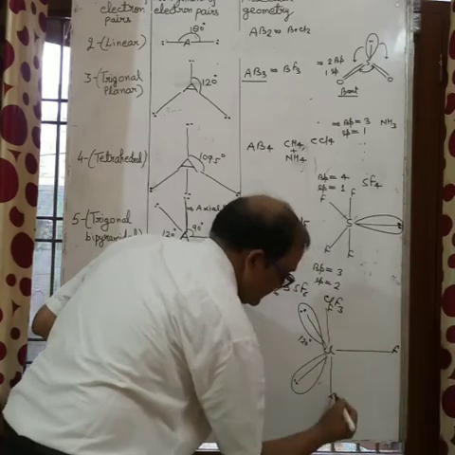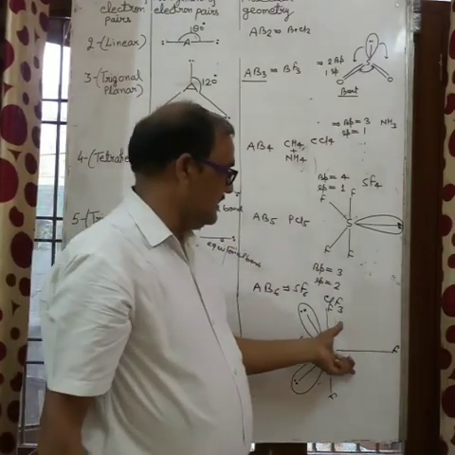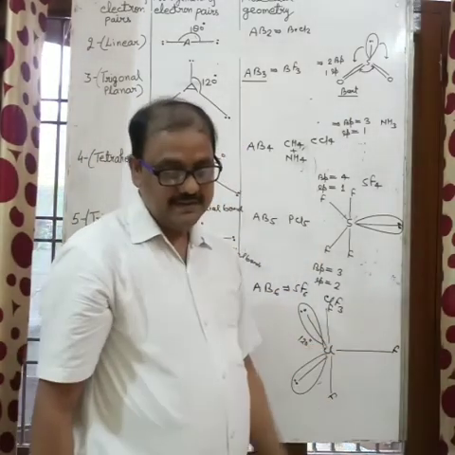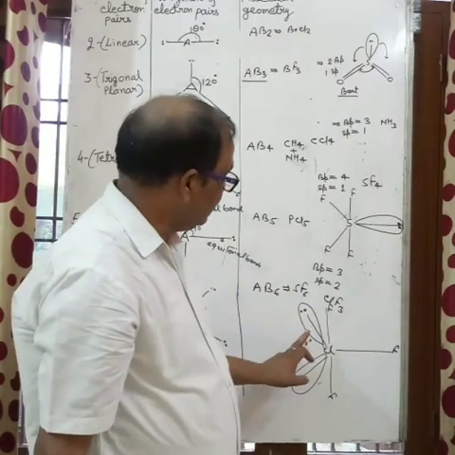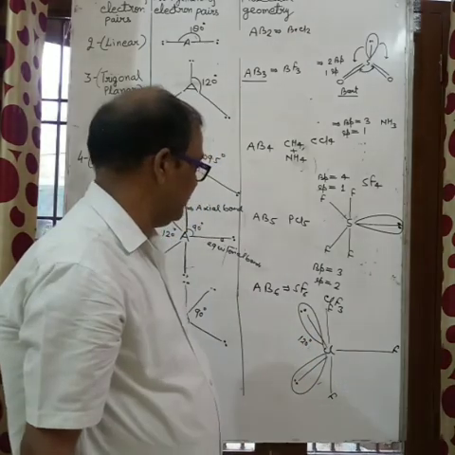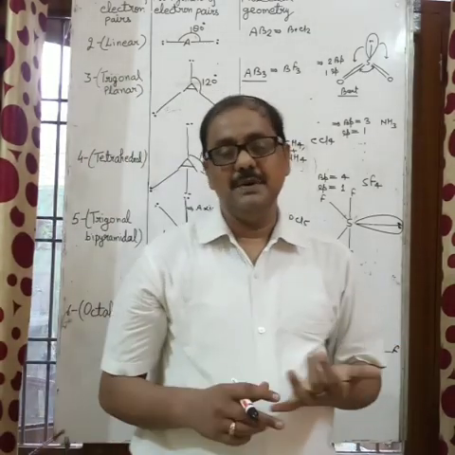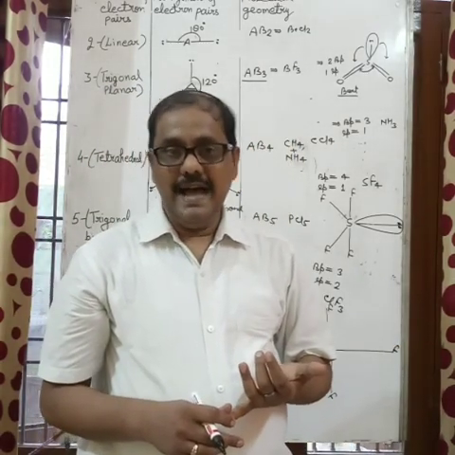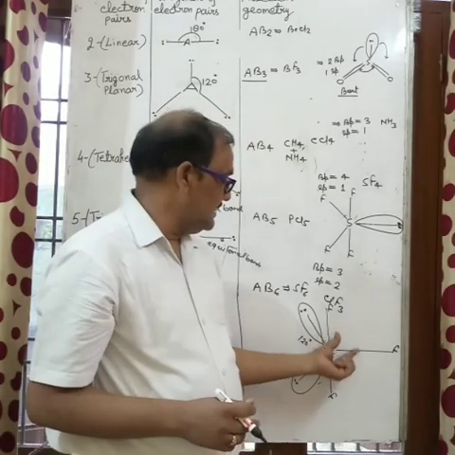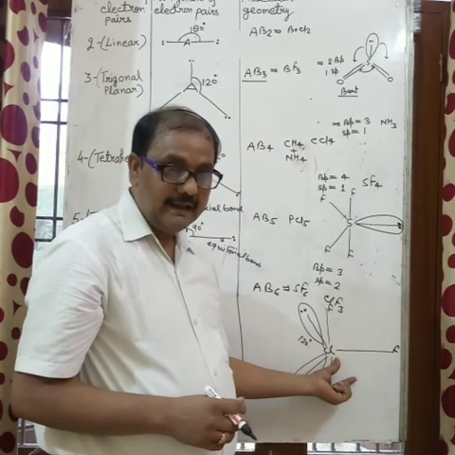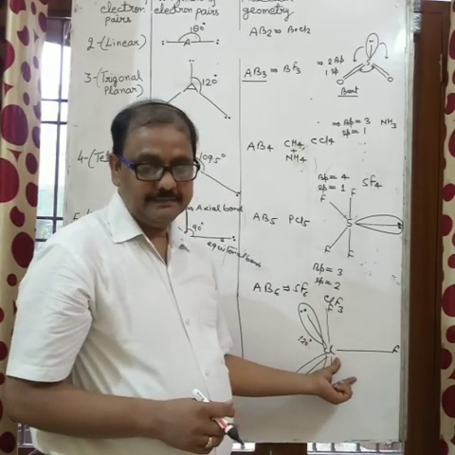And this is a T-shaped or bent T-shaped geometry. So it means if lone pair electrons are present, then there is a change in the shape of the molecule as well as a change in their bond angle. Okay, class.